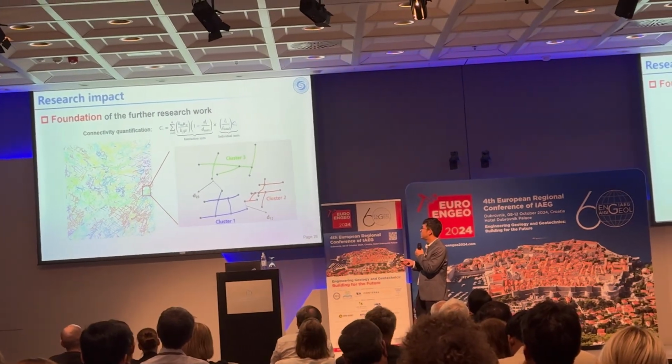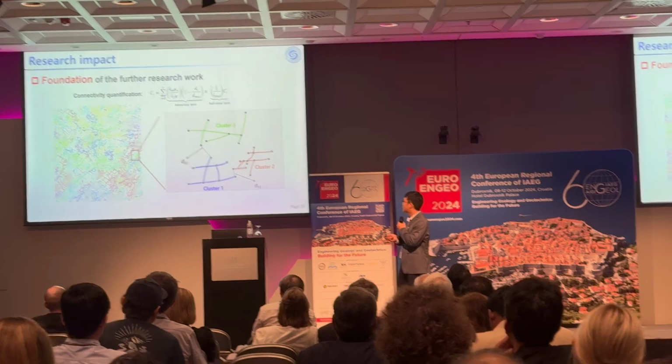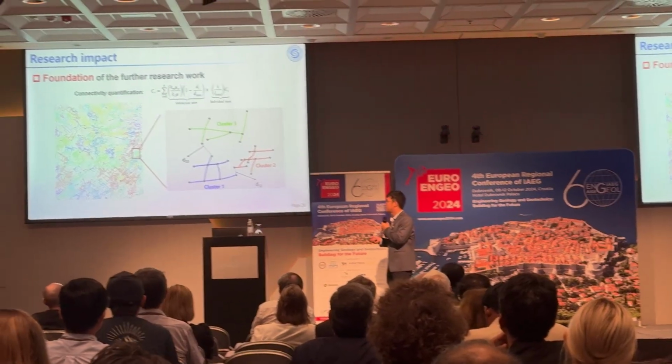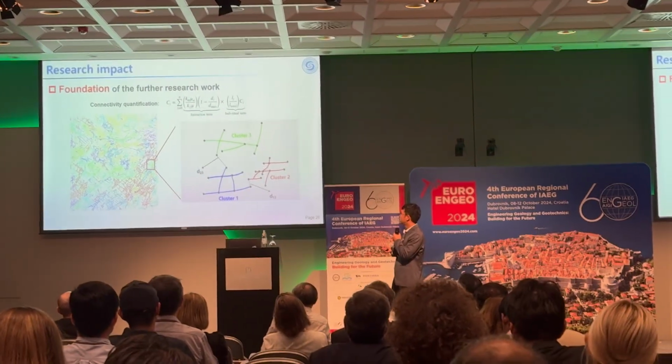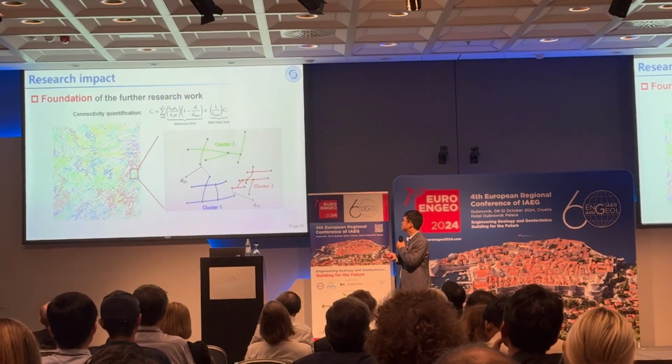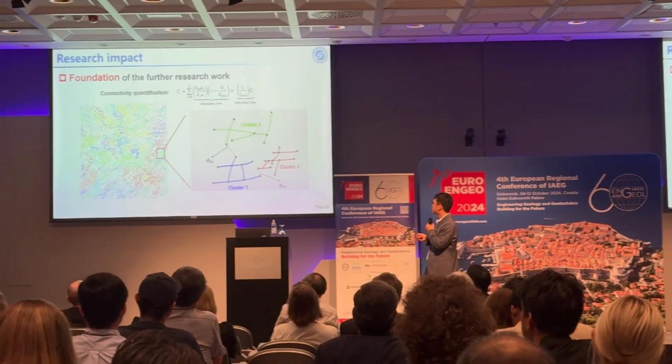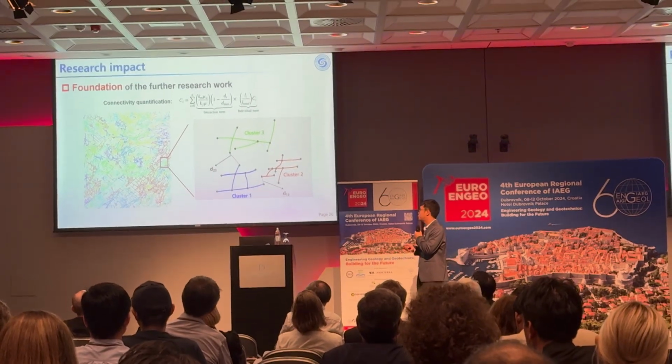Here we show the fracture networks, and we can see the different colors represent different clusters. Usually, complex fracture networks are composed of multiple clusters which are connected by permeable matrix.